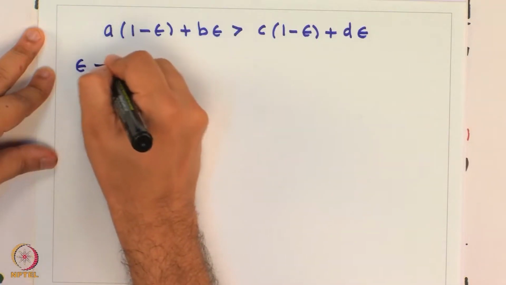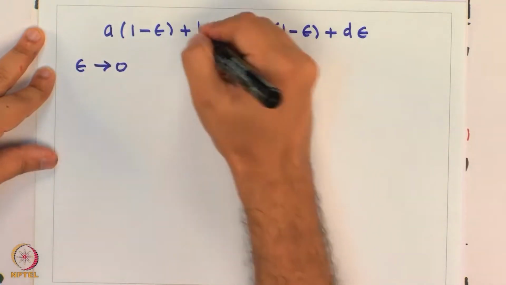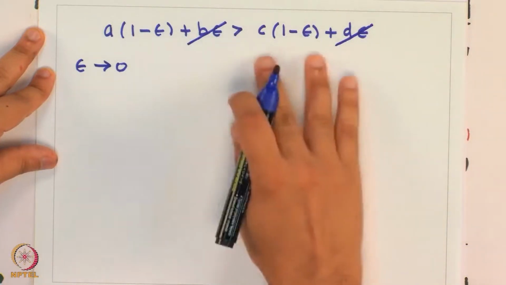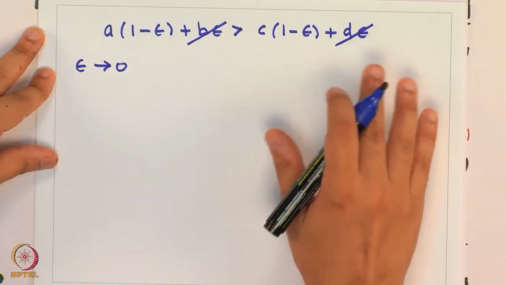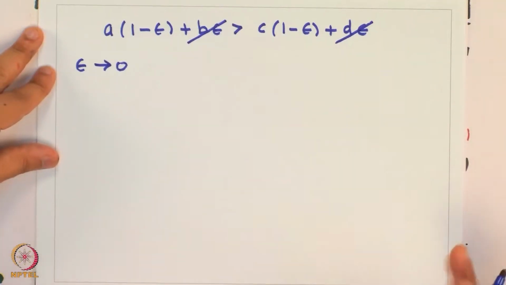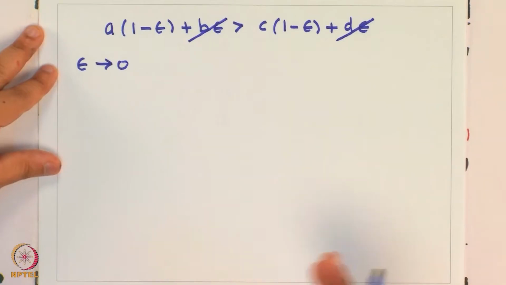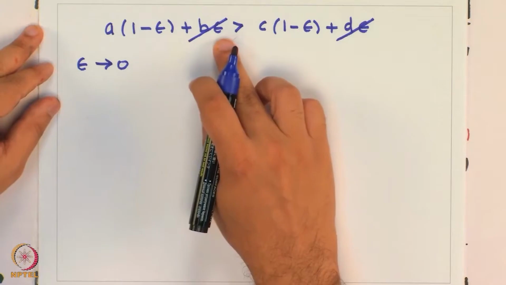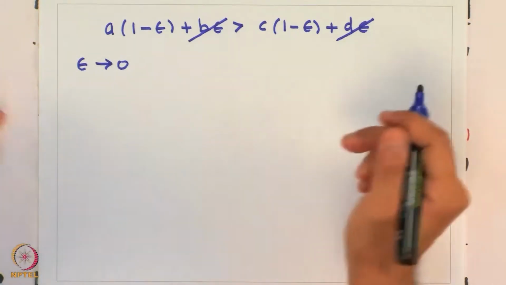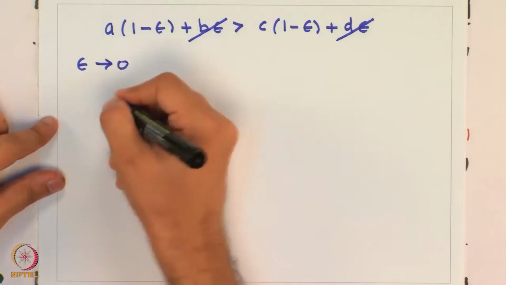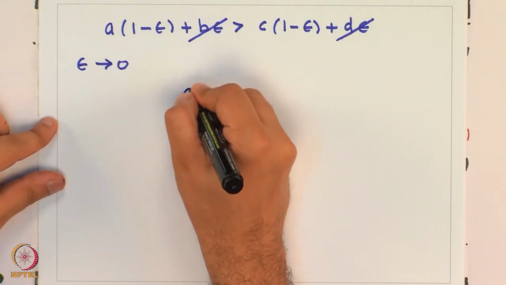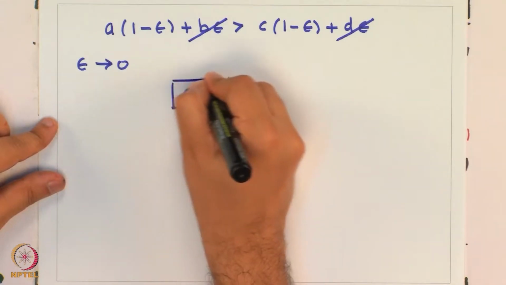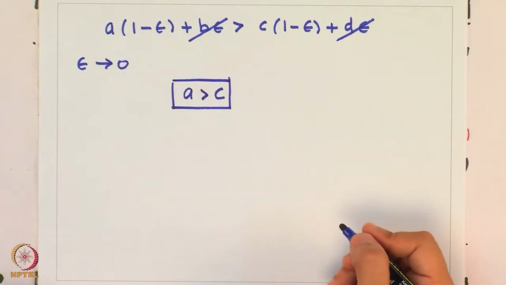Since epsilon is a very small number close to 0, what I am going to do is drop the epsilon terms. Their relative contribution is negligible, because typically in a bacterial environment I am saying that n is of the order of 10 to the power 6, 7, 8, 9, and one mutant individual's contribution towards this epsilon is going to be very, very small. If that is the case, then the condition for A to be an ESS is just A bigger than C. That is the condition such that A is an ESS.